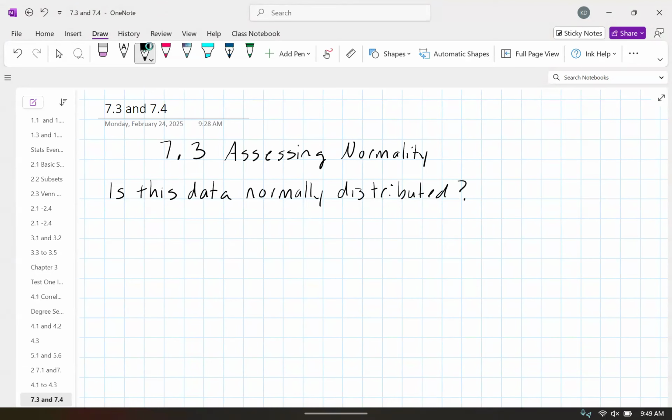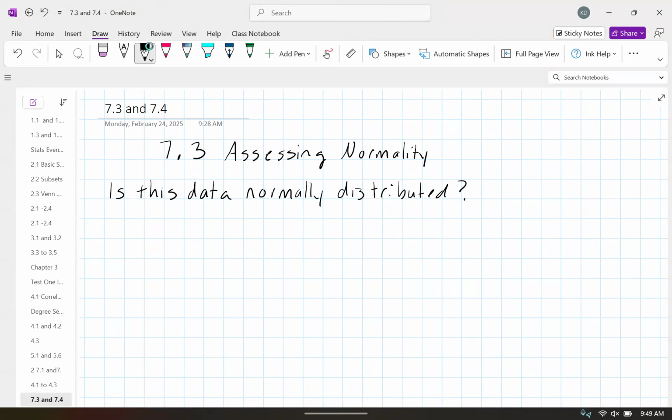Or really, is it normally distributed? Because that's what normal means for us. If it's normally distributed, great, we can make all sorts of assumptions on it. Things are lovely. If it's not, you can't really use some of the fun tools, but that's okay.